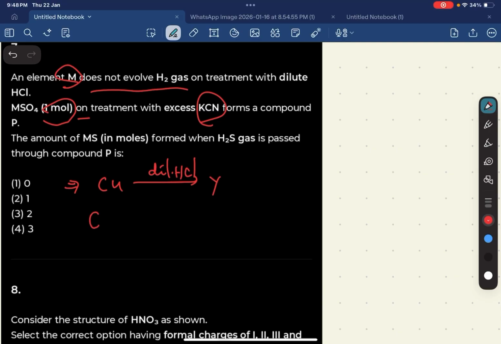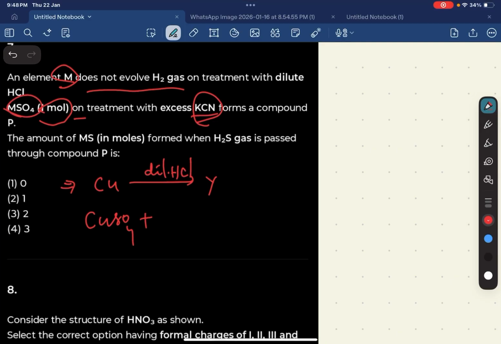So here CuSO4, they mentioned MSO4, right? Treatment with excess KCN, so this is a very important reaction. CuCN will be formed like this.